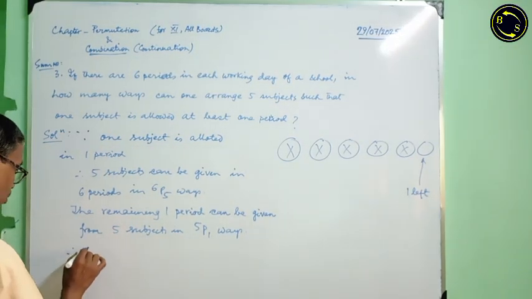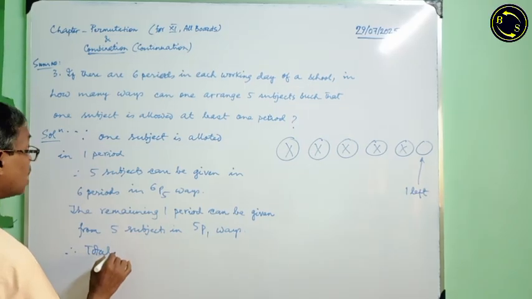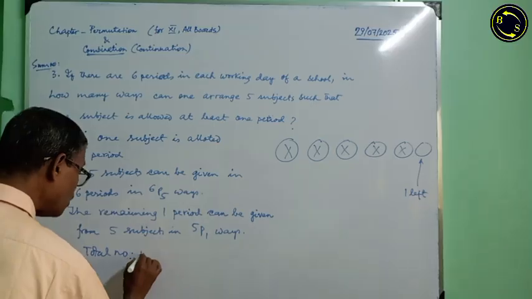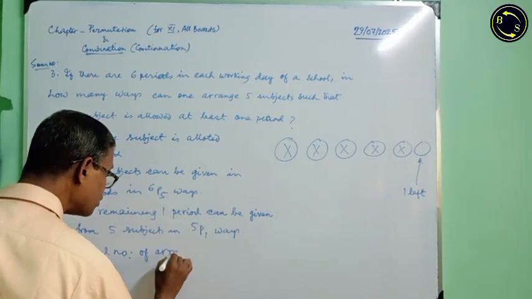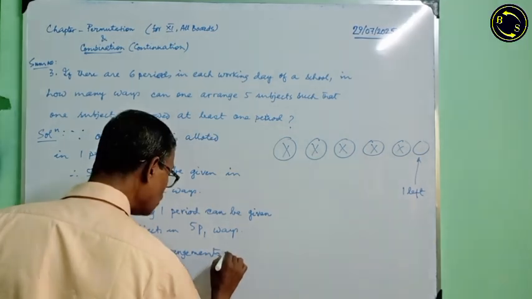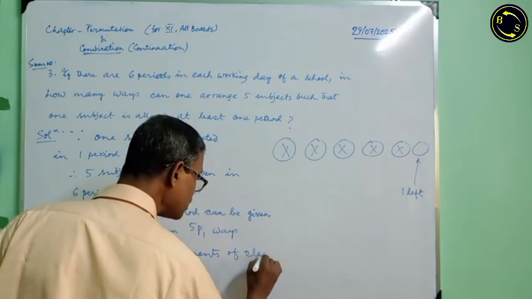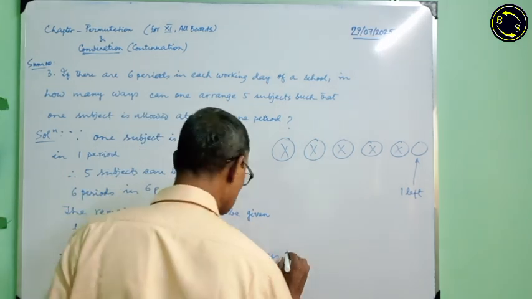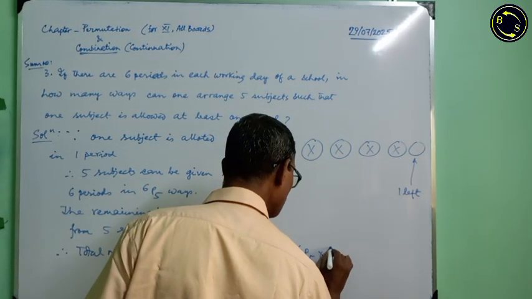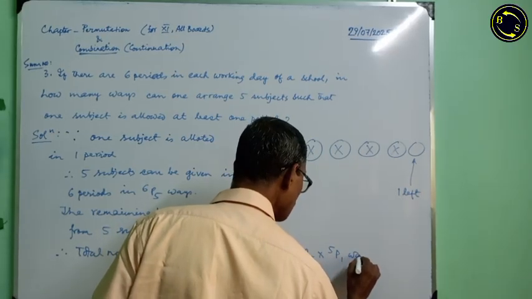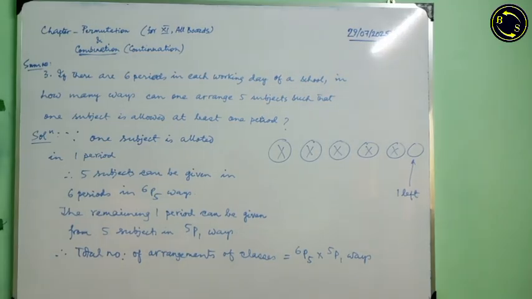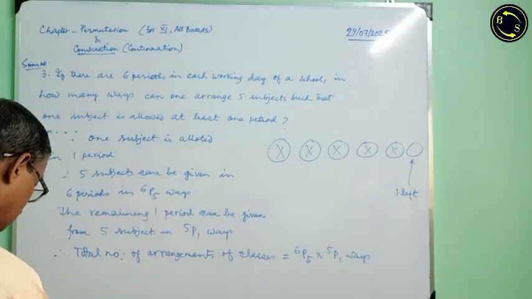Therefore, total number of arrangements of classes is equal to 6P5 into 5P1 ways.